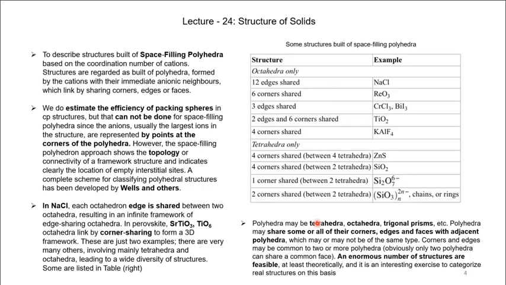And we use this polyhedra and then we get crystal system, and we talk then about unit cell, etc. By using this sharing, an enormous number of structures can be feasible. So at least theoretically, it is very interesting that you exercise these categories and real structures on the basis of this space-filling polyhedra and find out the enormous number of structures like this.